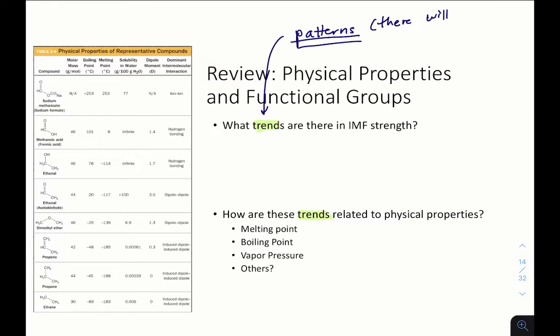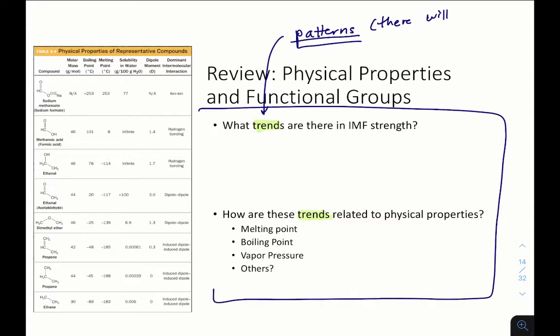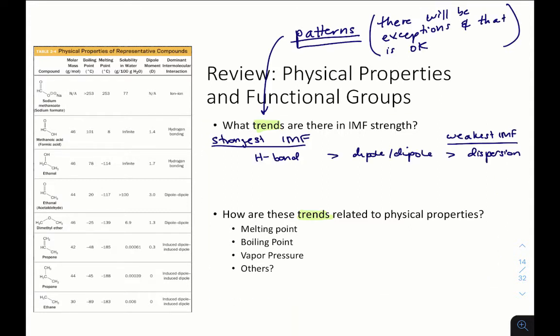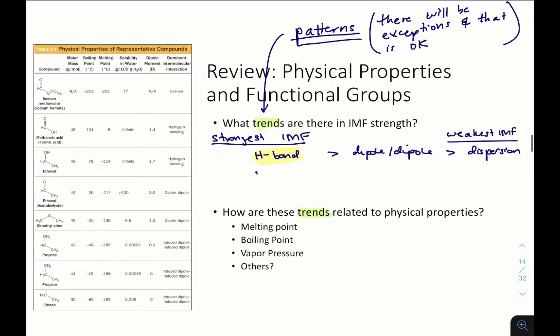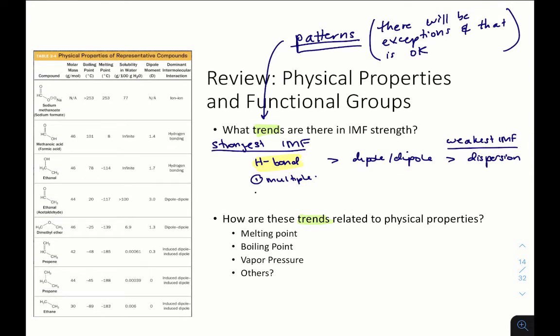Take a moment, summarize the past couple of minutes, make sure that you can answer these questions. In general, the strongest type of intermolecular force of attraction between two molecules is the hydrogen bond. Of course, we know that multiple hydrogen bonding interactions affect the strength of this intermolecular force for a given molecule, and then also the polarity of the X-H bond.